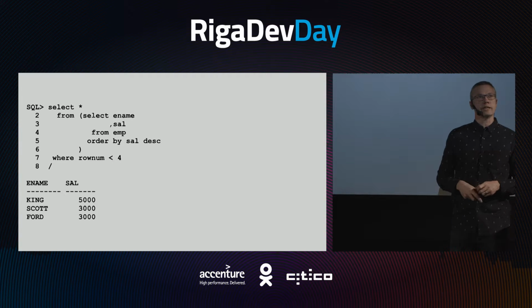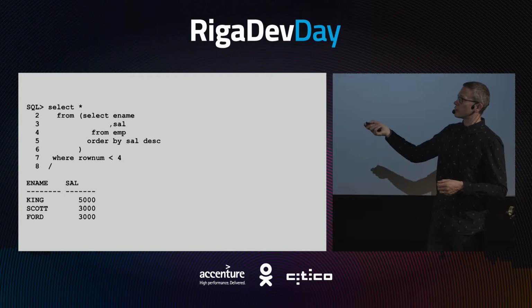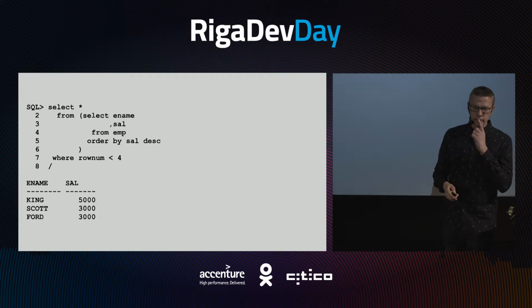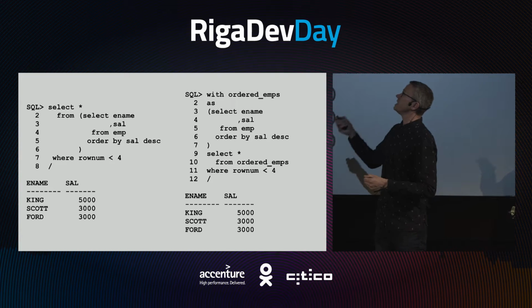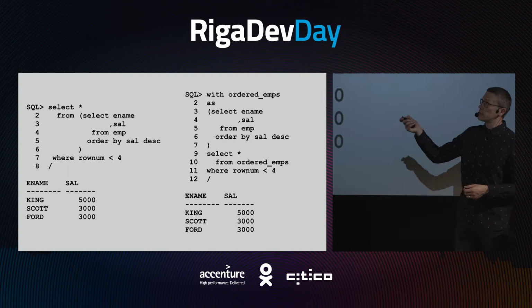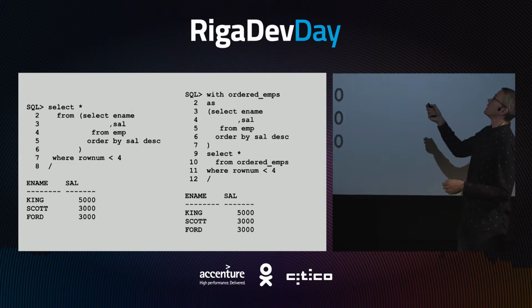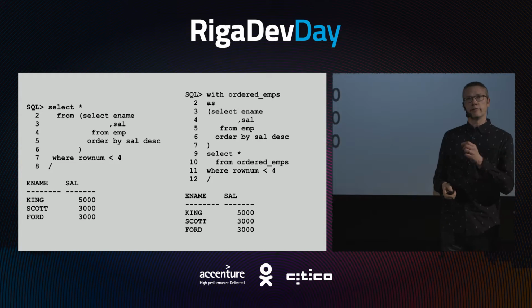Normally we'd have to create an inline view, select from it and filter on it. Can't remember which version it was. I think it was 9 when they introduced the with clause, where instead of having an inline view there, you can also have a named query with the ordered employees, same select statement, and you basically select from that one and filter it afterwards.